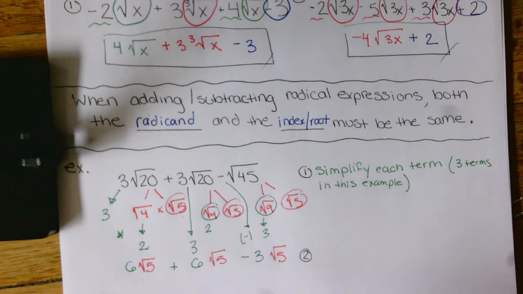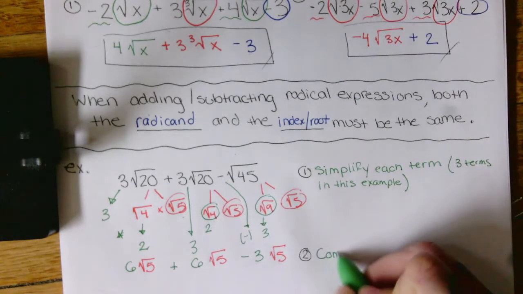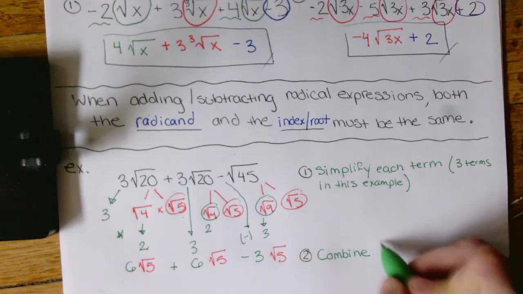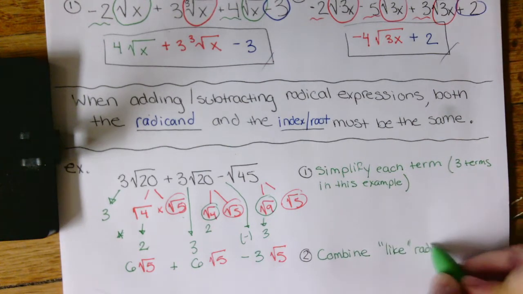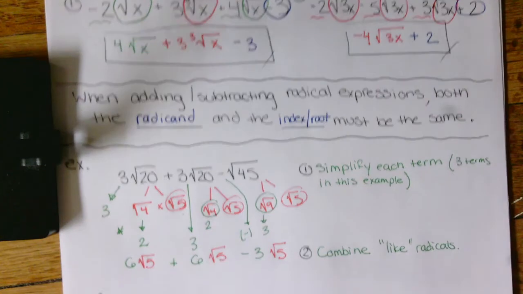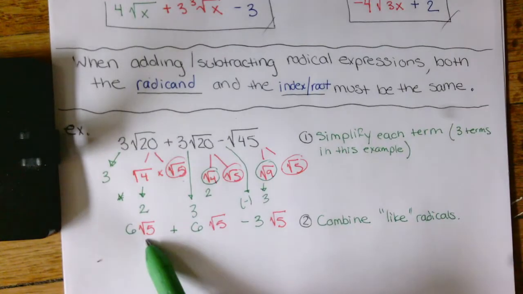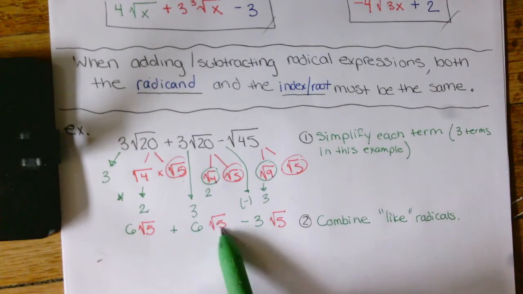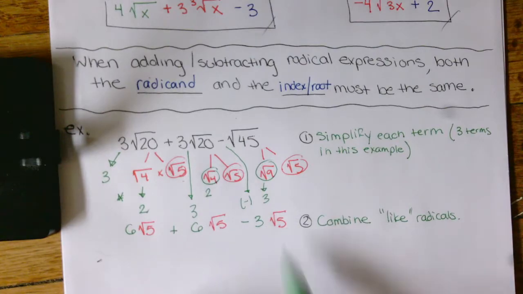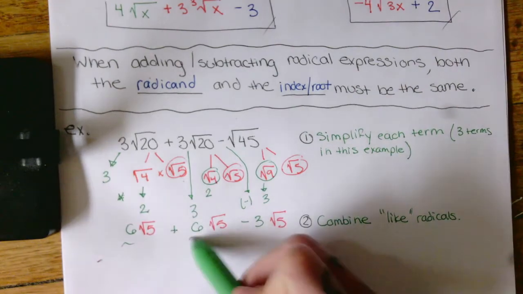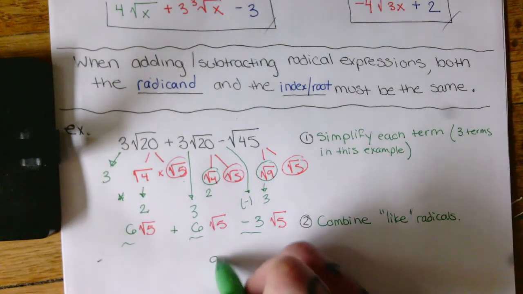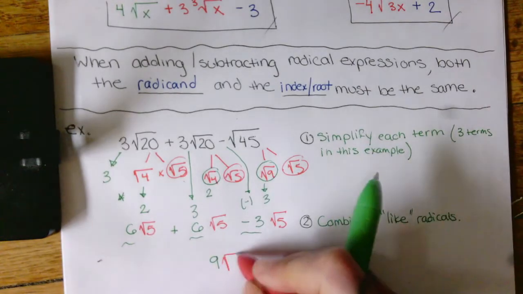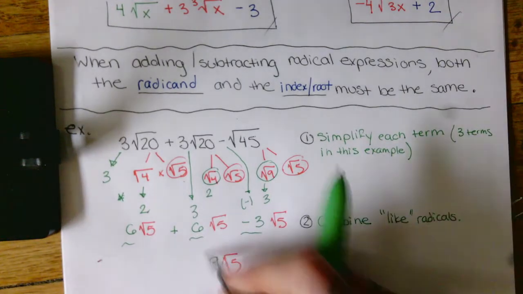So now I'm going to combine any like radicals I have. So this is something square root 5, something square root 5, something square root 5. This makes these all like. So I'm just going to do 6 plus 6, 12, minus 3, 9 square root 5, final answer.